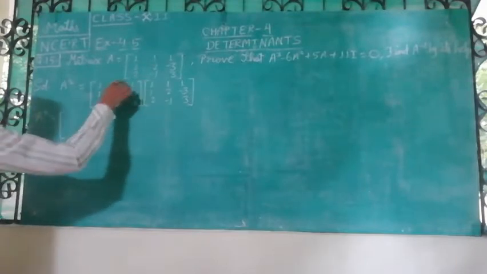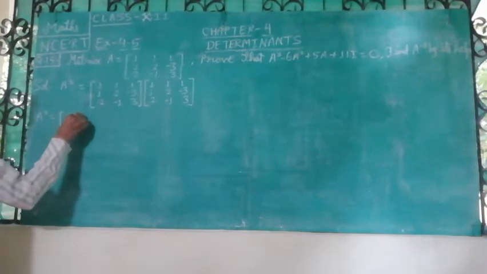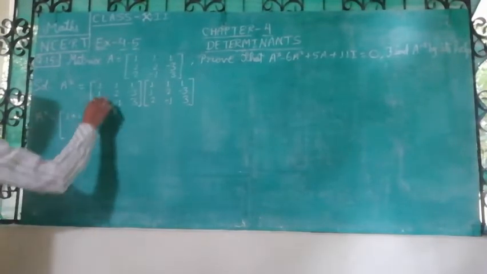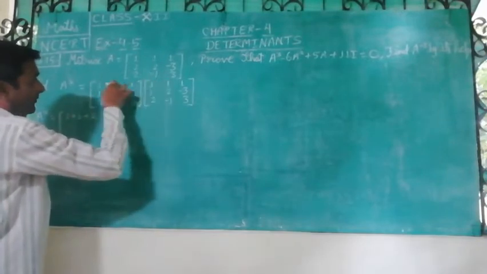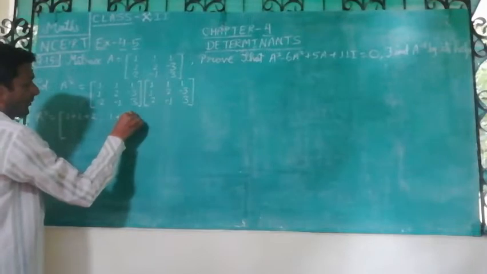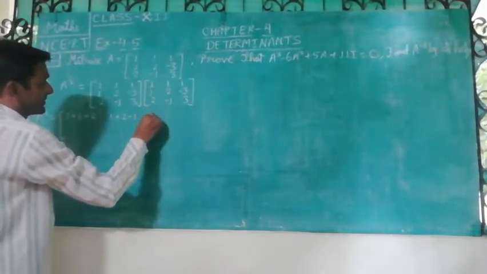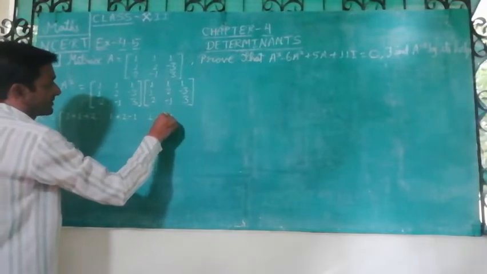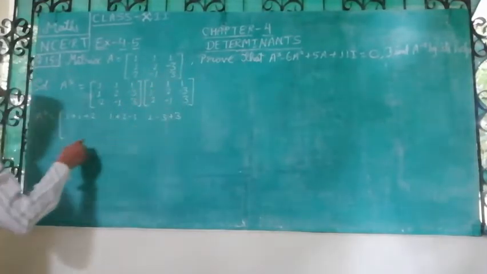1 into 1 is 1 plus 1 plus 2. Now this row is multiplied by this one. So 1 plus 2 minus 1, and then this will be multiplied by this. So 1 minus 3 plus 3. And after this, second row will be multiplied by first column, the second column and third column respectively.